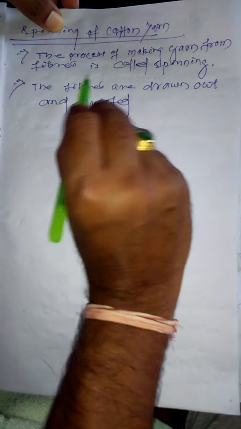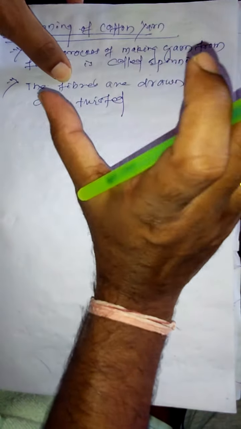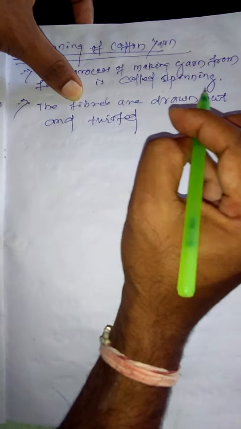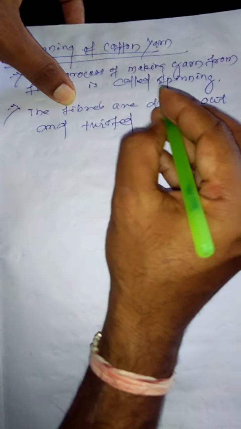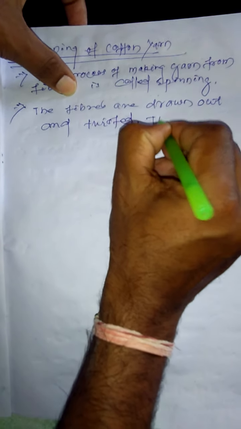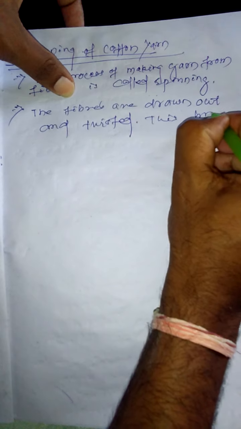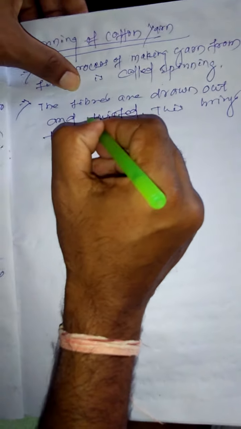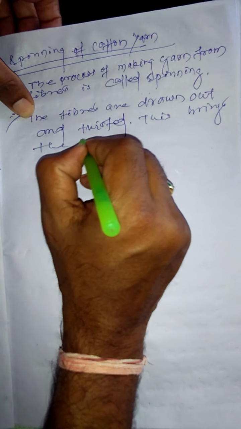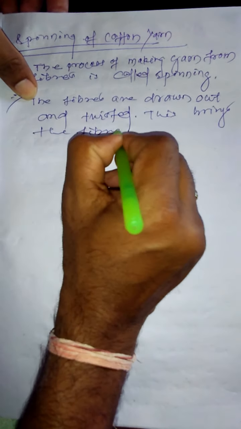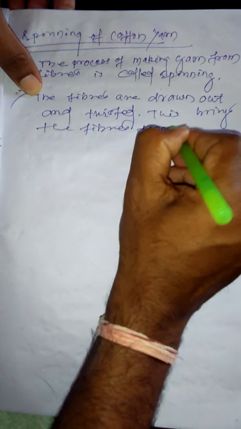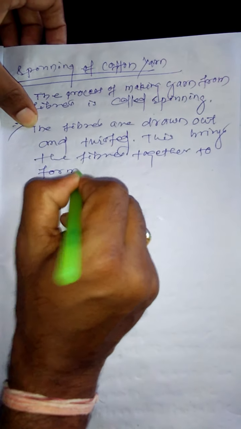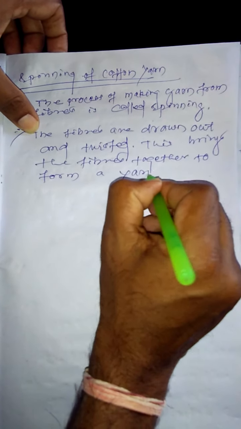That means the fibers, the cotton wool, are drawn and twisted. This brings the fibers together to form a yarn.